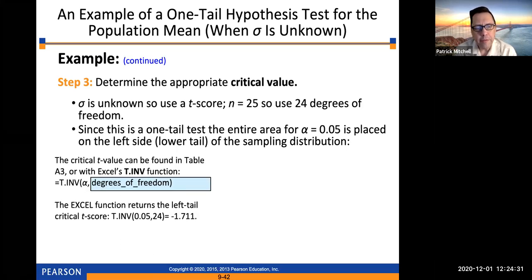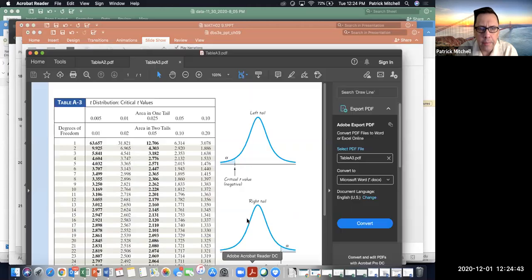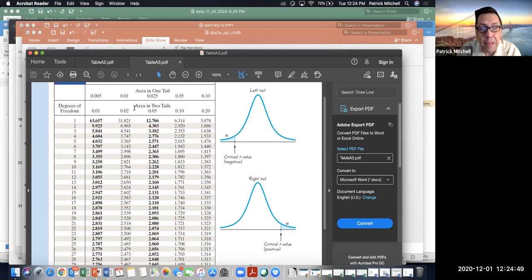So there are a couple different ways to find the critical t-value. One way is to use table A3. So let's take a look at table A3 real quick. I've got it open right here. All right, so you go down to 24 degrees of freedom and then make sure that you're using the correct column.